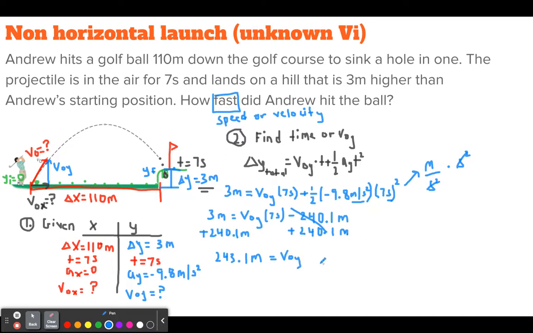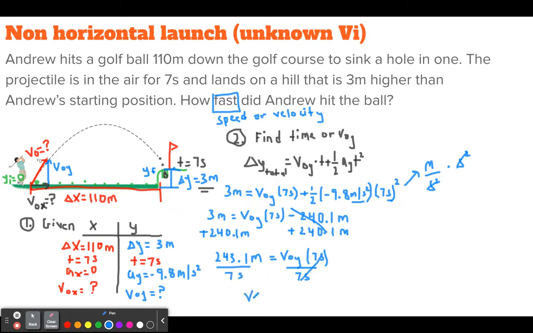The 240 obviously will cancel out, but we have initial velocity in the y times 7 seconds. These are connected by multiplication. So to get initial velocity by itself, we divide both sides of the equation by 7 seconds.